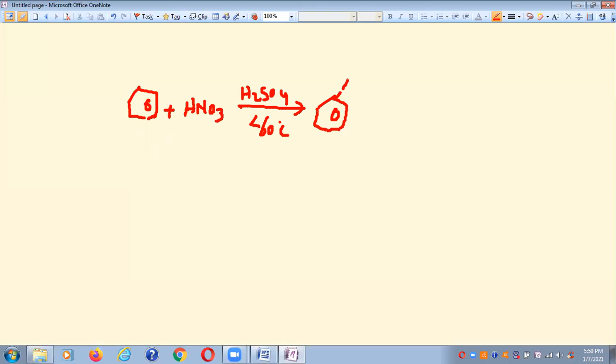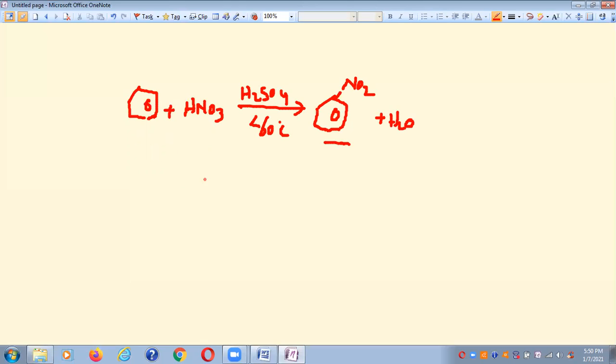When this benzene is treated with concentrated HNO3 and concentrated H2SO4, and the temperature should be less than 60 degrees, thereby we get a product, a yellow colored oil layer. That is known as nitrobenzene, and along with it we get water.